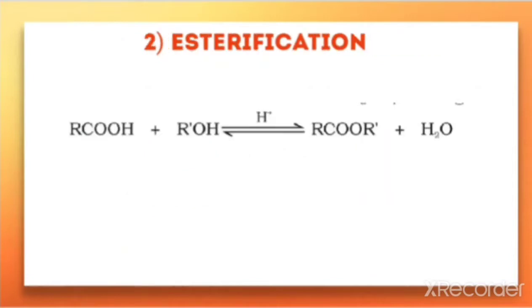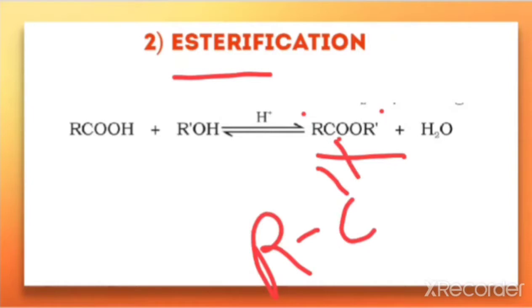Next is the important reaction, that is esterification. The word comes from the preparation of ester. The preparation of ester is called esterification. The general representation of ester is RCOOR', where the two alkyl groups are there and there is one carbonyl group here, R, C double bond O, and OR'.